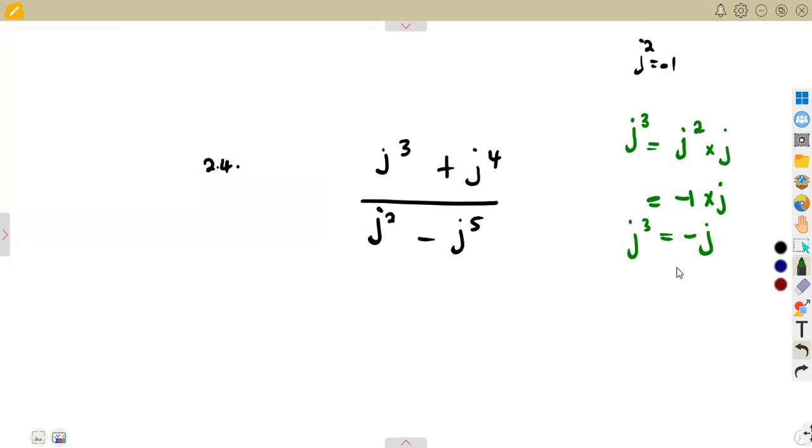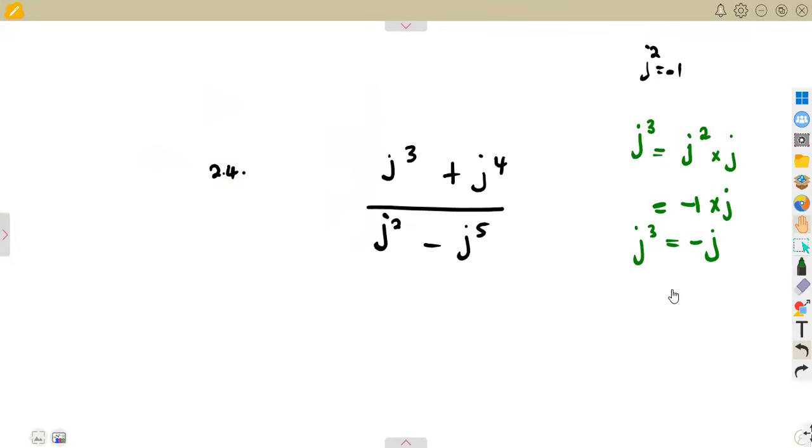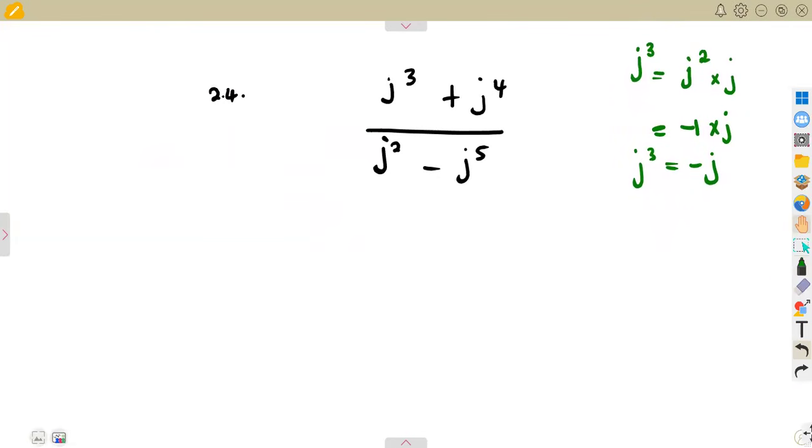We can write this in simplest form. All this working you're supposed to show aside. So instead of working with j to the exponent of 3, work with something that you do understand, that is minus j.